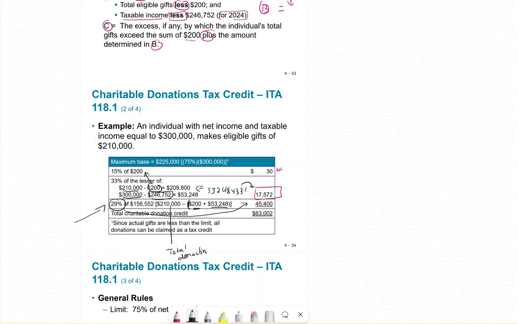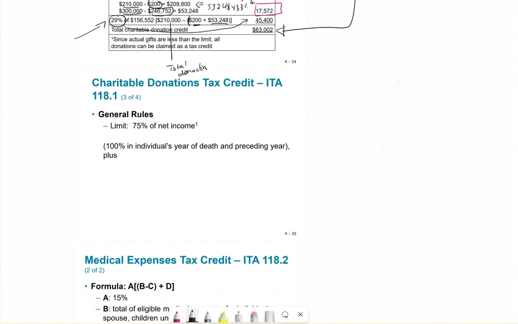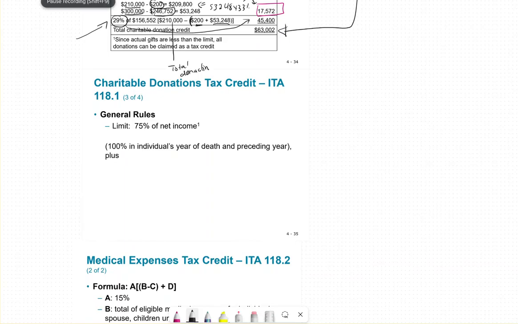So if you donate 210,000, the credit that will be available to you will be $63,000. Now the general rule is that the maximum limit is 75% of your net income. But in the year somebody dies, for an individual that passes away, the limit becomes 100% of their income.